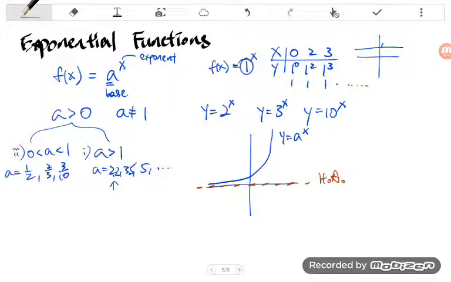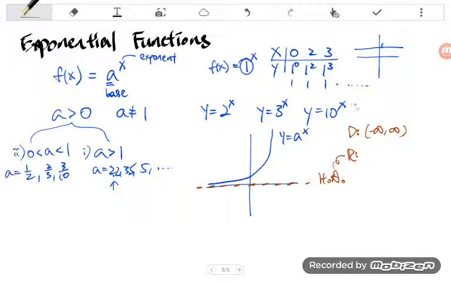So now that I know my horizontal asymptote is there, what's my domain? My domain would be from negative infinity all the way to positive infinity. What's my range? Horizontal asymptote has a connection with my range, right?